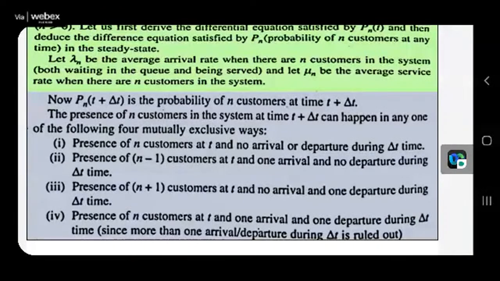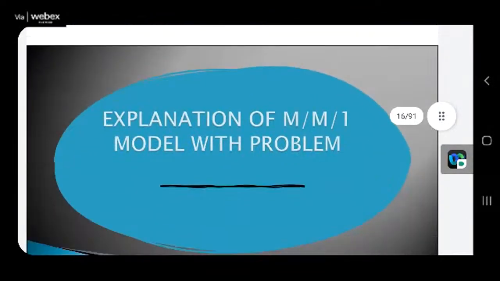So first, there were n customers at time t, and no customer has come or departed, or n minus 1 were there and one arrived, or n plus 1 were there and one departed, or n customers were there, one added and one went out. Is that clear? So in that manner, after t plus delta t also, you will have n customers. So this is one of the most important things.